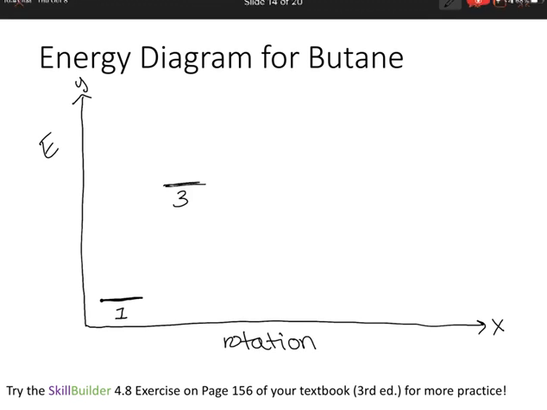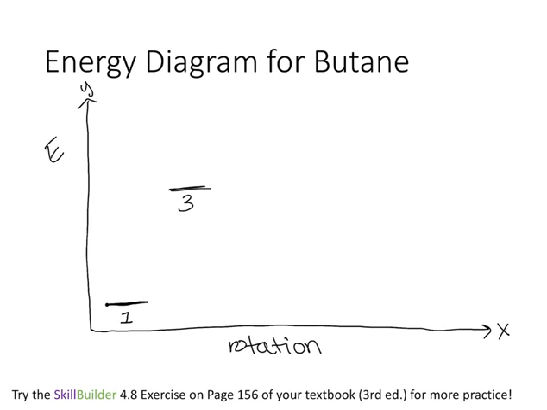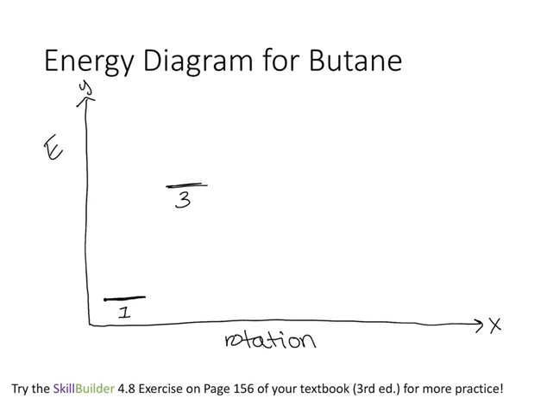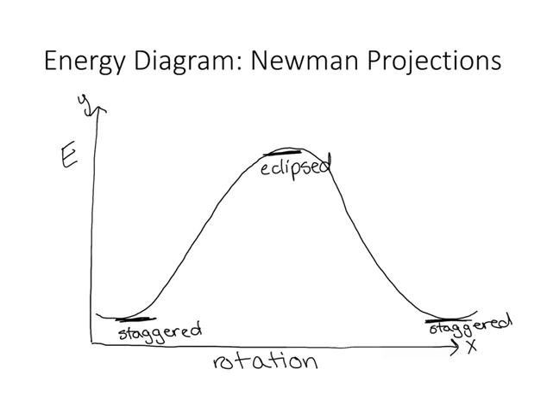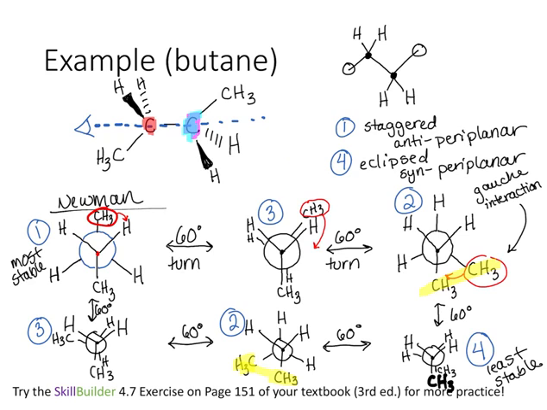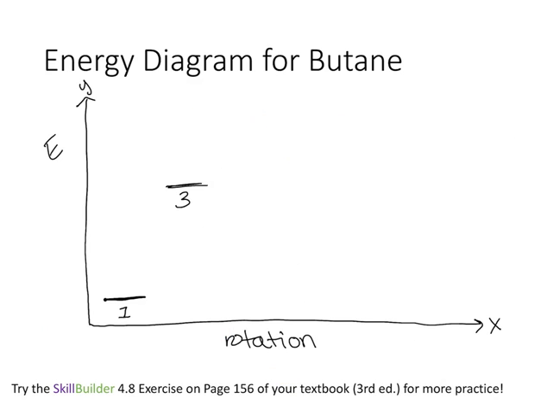Okay, so the next structure, we gave an energy level of 2. So this was the second most stable structure. So we'll put that in between 1 and 3.